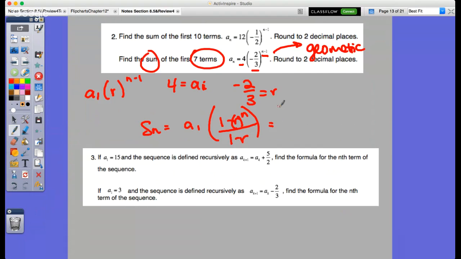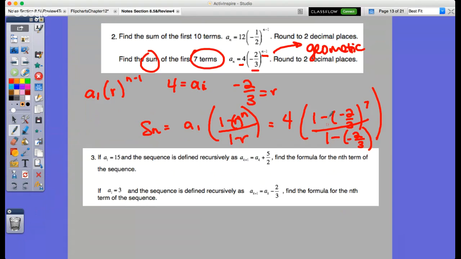So if I were to plug this in, 4 would be A sub 1, 1 minus, here's where we want to be careful, parentheses, negative 2/3 to the n power. In this case, 7 is n. And then all divided by 1 minus, parentheses, negative 2/3.